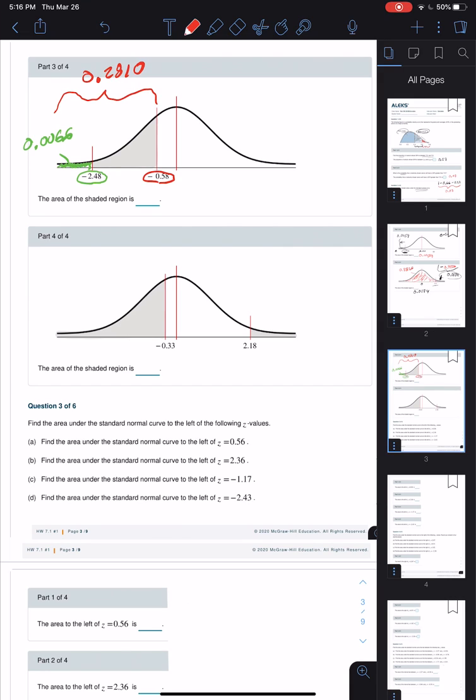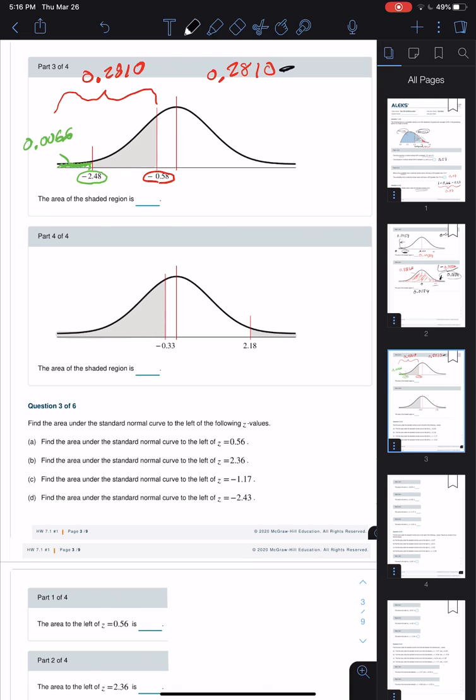Okay, now to get this shaded region, essentially what we need to do is take this red area. Now we're not talking about the z-scores anymore, like negative 0.58 or negative 2.48. We're talking about the area. So the area that comes from the red is 0.2810. We want to subtract out the green, which was, oh my gosh, okay, I'm going a little crazy here.